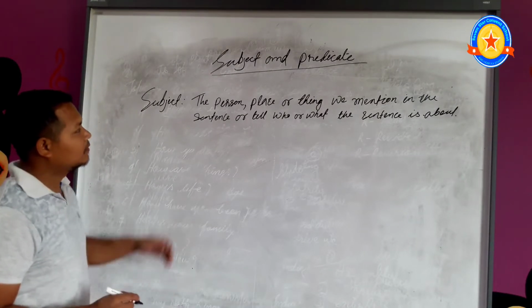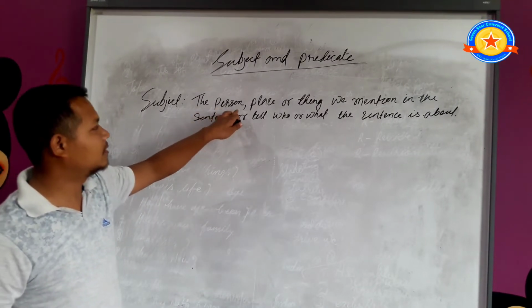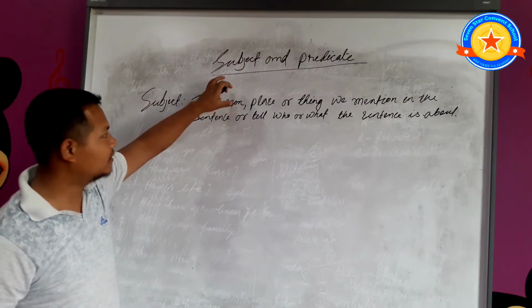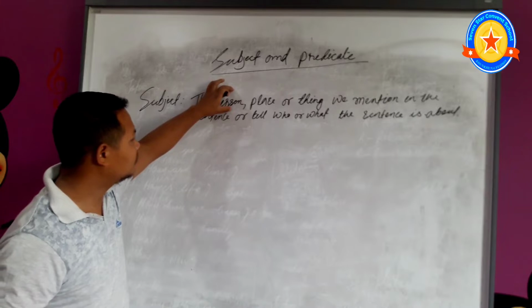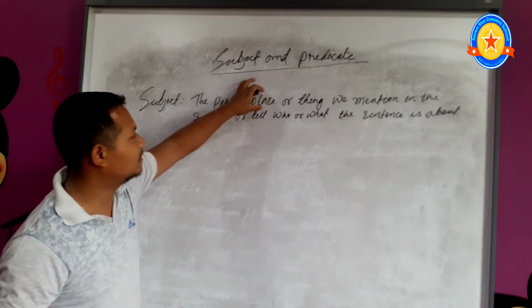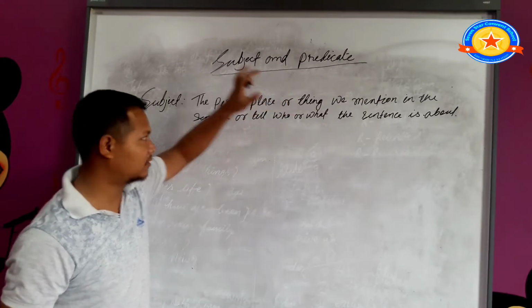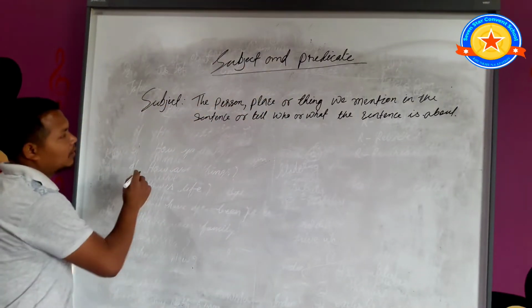We have to identify in the sentence who is talking, and whether there is a place or some things. Now we will go to another topic.